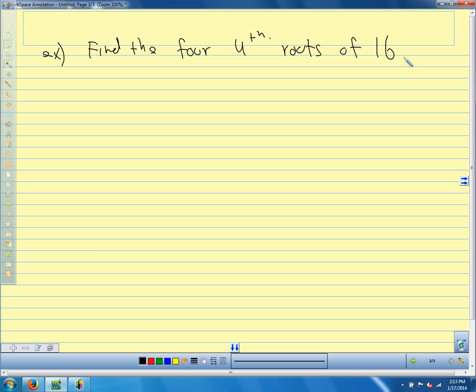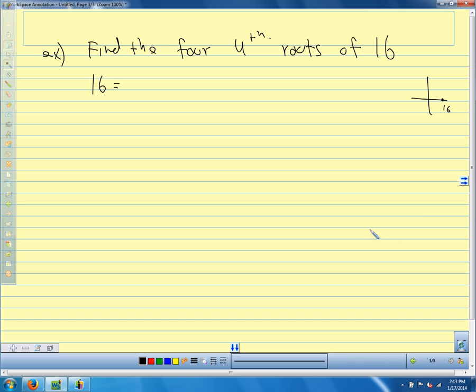So the first thing we're going to do is write 16 in complex form, in trig form. For the real number 16, what is our r? What is our modulus? Here's a little sketch. There's our number 16.